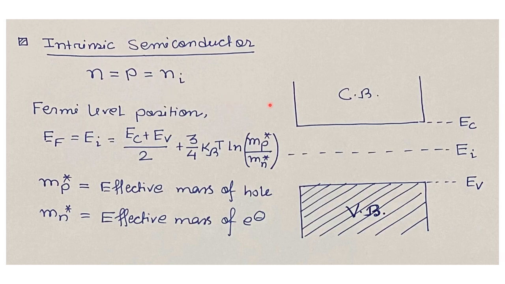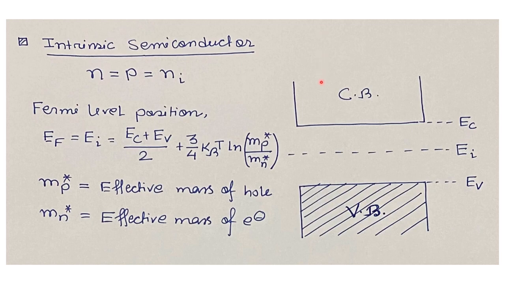Now, the Fermi level for this intrinsic semiconductor is given by the intrinsic Fermi level Ei equals Ec plus Ev divided by 2 plus 3 by 4 kBT times ln of mp star by mn star, where Ec is the energy at the conduction band edge, Ev is the energy at the valence band edge, T is the absolute temperature of this semiconductor, mp star is the effective mass of the hole in the valence band, and mn star is the effective mass of the electrons in the conduction band.